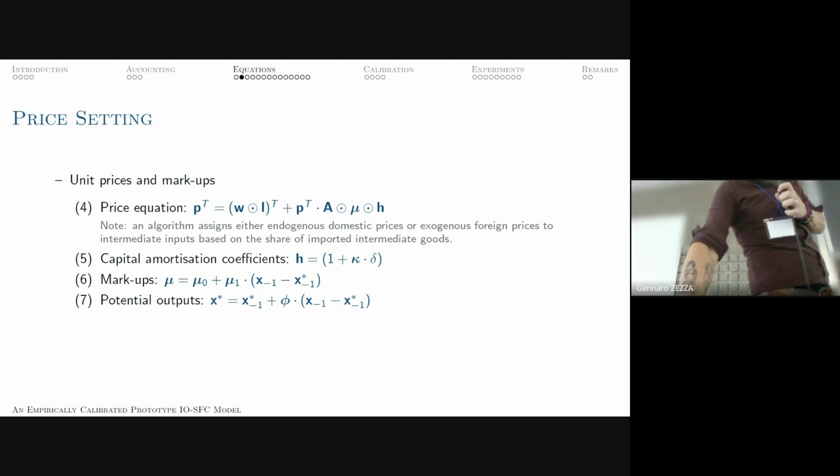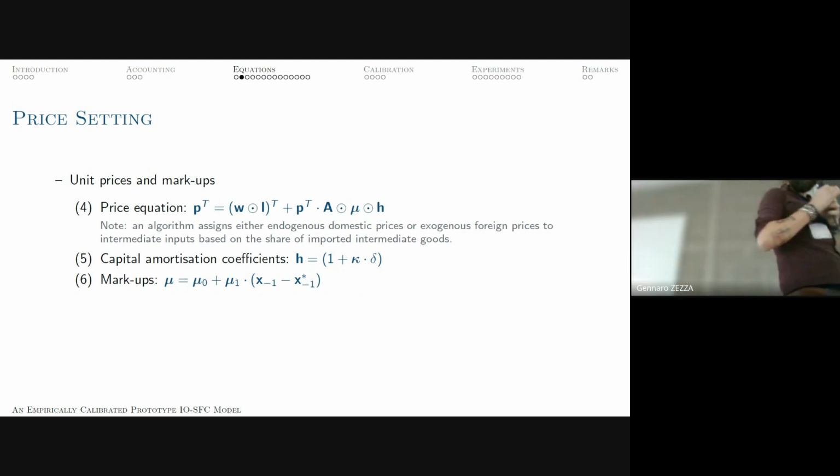The other thing is, how are markups defined? The markups are not fixed. The idea is to capture the temporary effect of demand on prices, at least in certain industries, and therefore markups increase as the gap between current outputs and potential outputs increases.